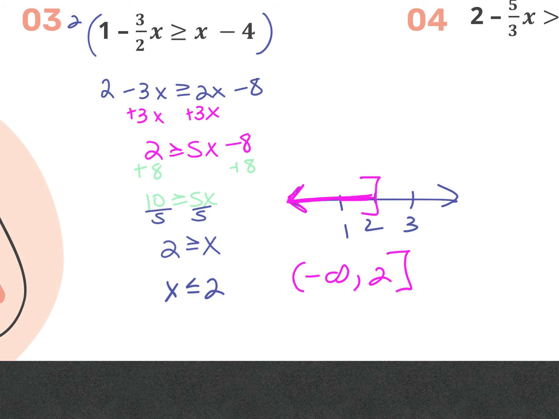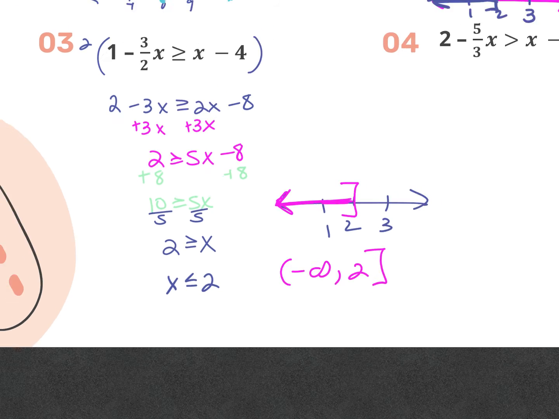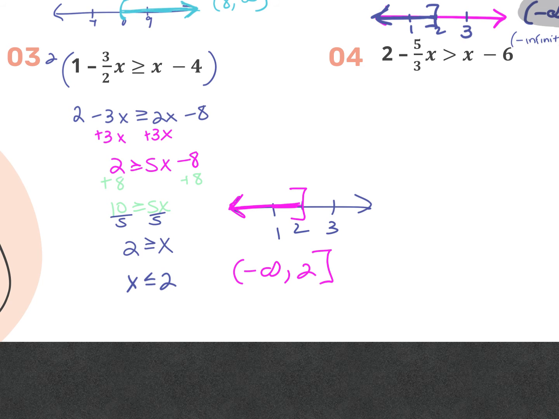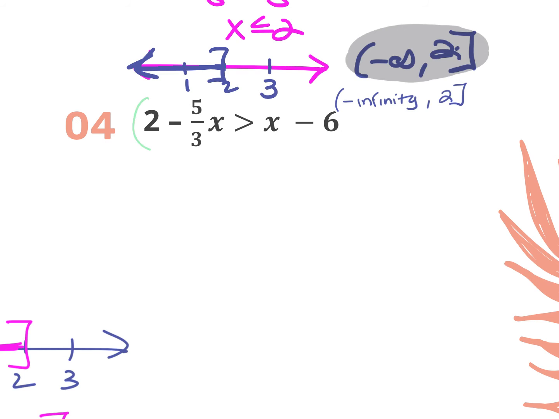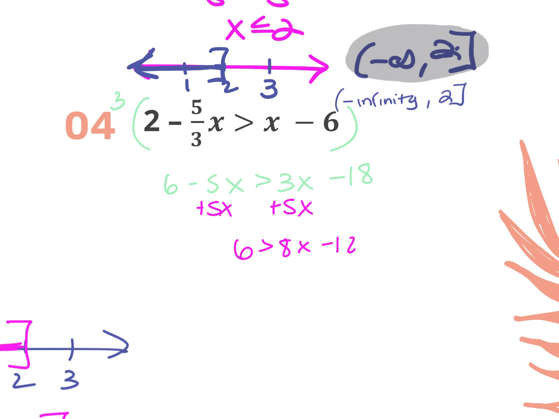Questions on that one? All right, what are you going to do first on 4? Good. Get rid of that fraction. Multiply by 3. So 6 minus 5x is greater than 3x minus 18. Add the 5x. Add the 18.